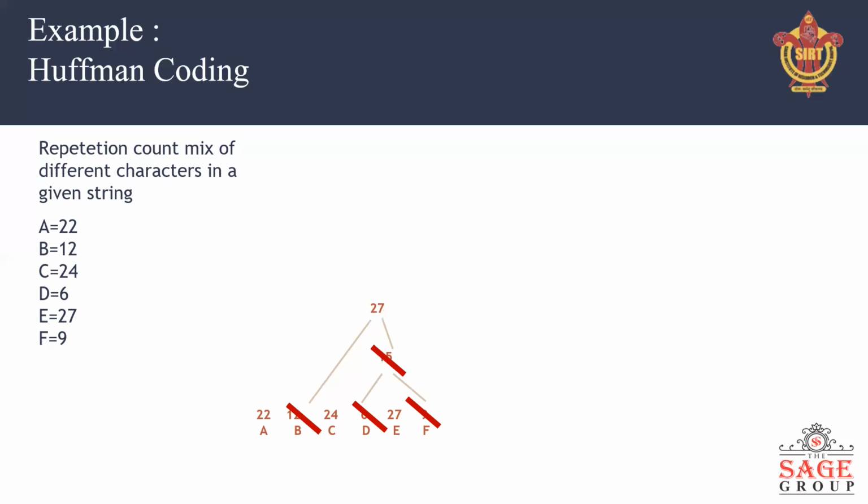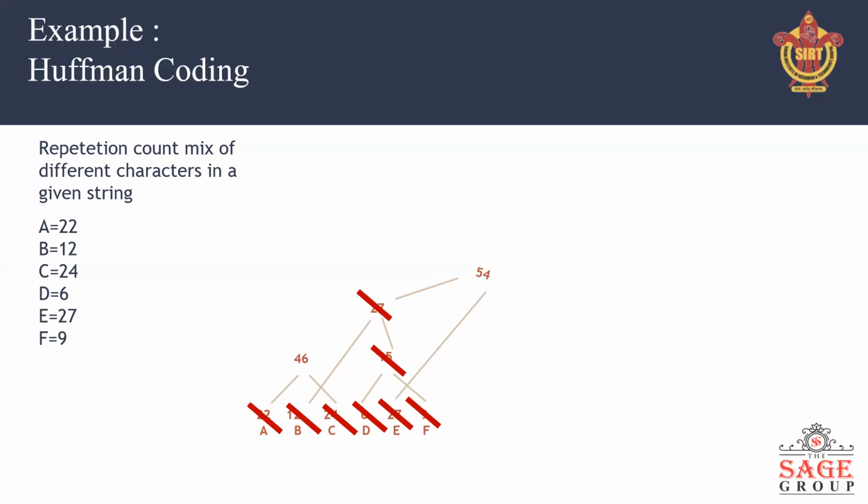So what will be the next two values? The next two least count values will be 22 and 24. We will add both of them and create a new parent node, that is 46. 22 and 24 will be cancelled. The next two minimum values are 27 and 27. We will add both of them to create a new parent node, that is 54, and cancel out these two.